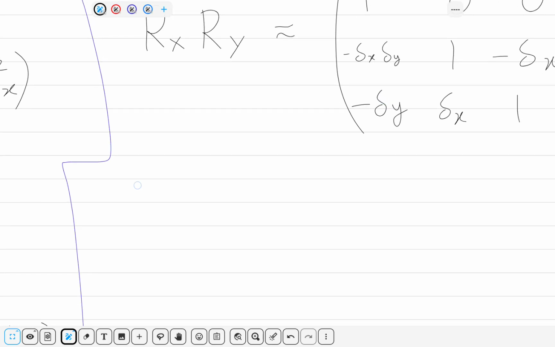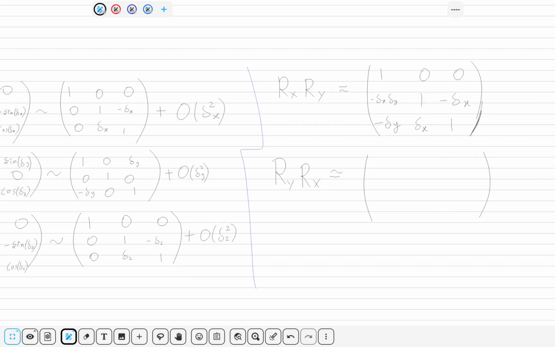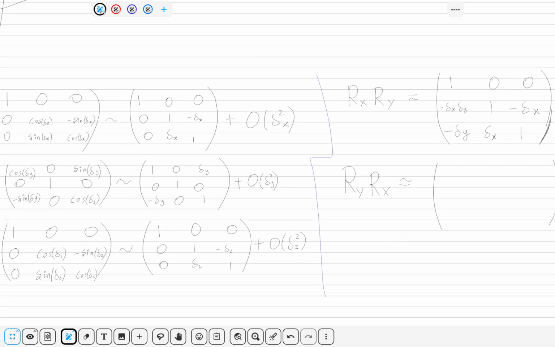And then Ry, Rz, let's see the other way around. Rx, what if I do this? So this will be equal to, so if I do that I would again get a 1.